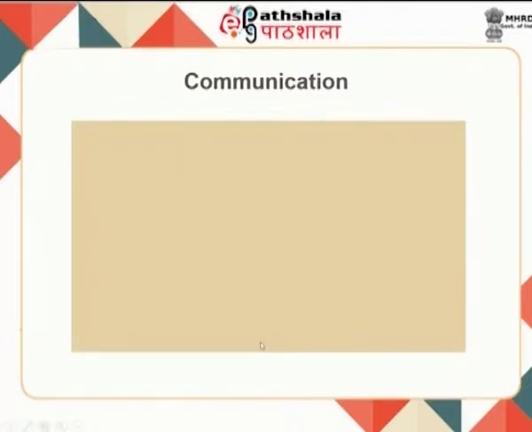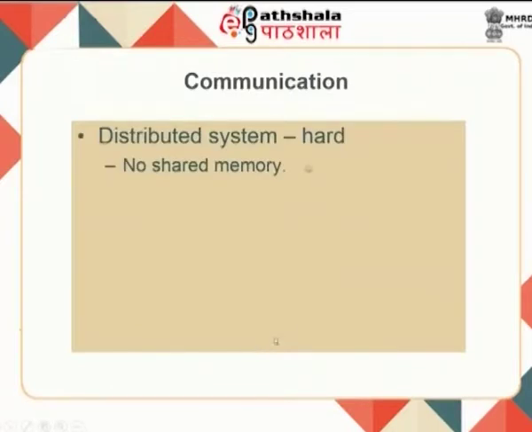Now, in a distributed environment, this process becomes particularly hard. Why? Because there is no shared memory. Let us understand this concept. In a distributed environment, different processes run in different machines, and these machines will perhaps be geographically in different locations.